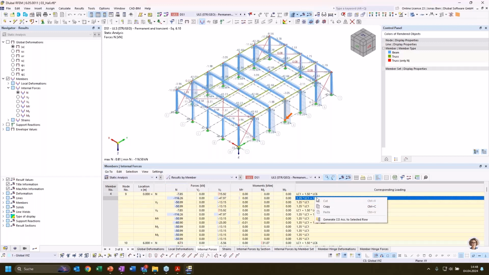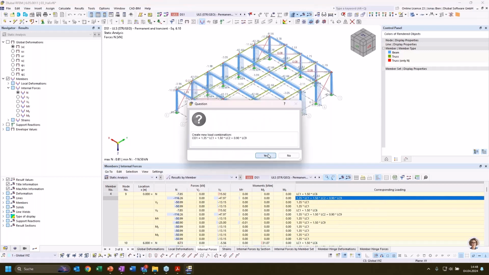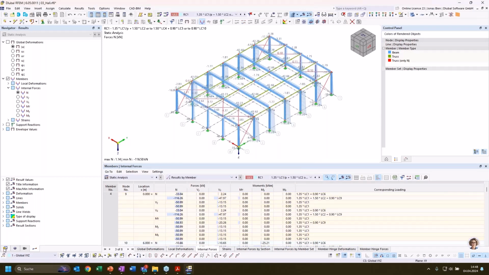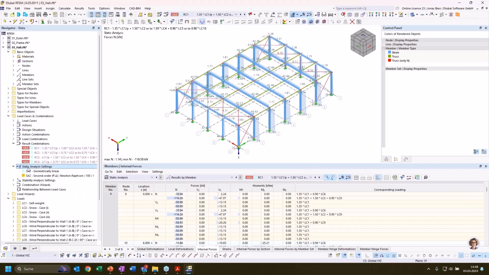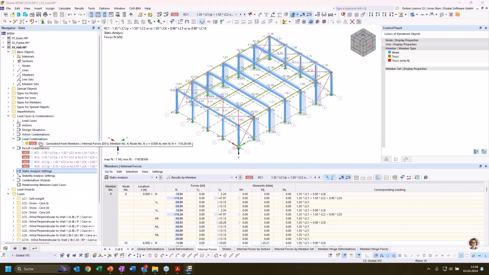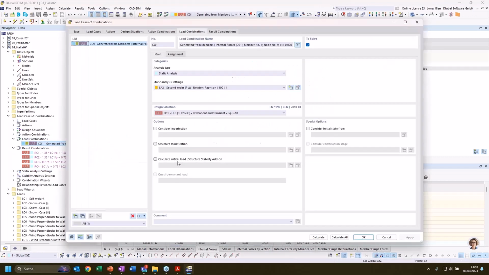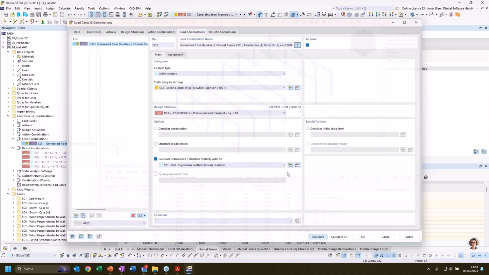And now from the result combination, I can just by right-clicking this combination, generate a load combination just from this table. And now for this load combination, where I have the feeling that this could be the most relevant for buckling of our columns, I can now perform an eigenvalue analysis, so a linear stability analysis, by just activating it here and calculating it.